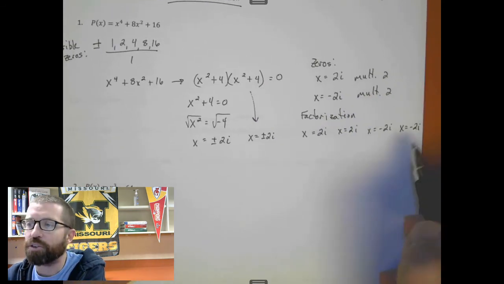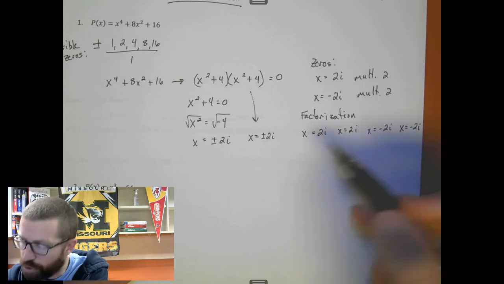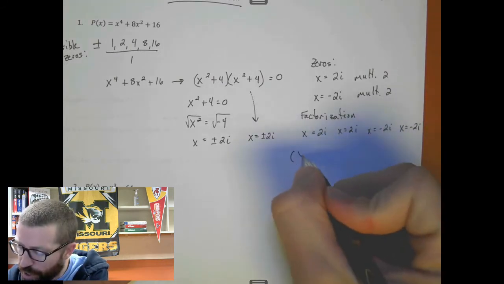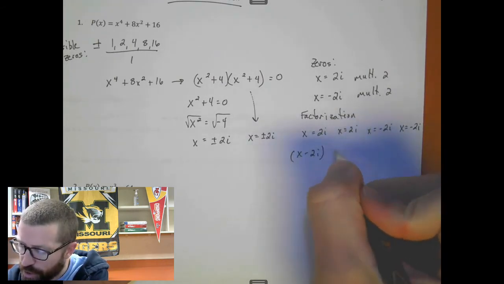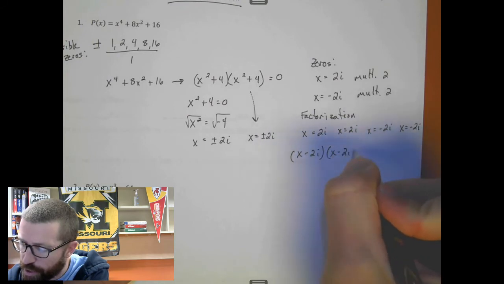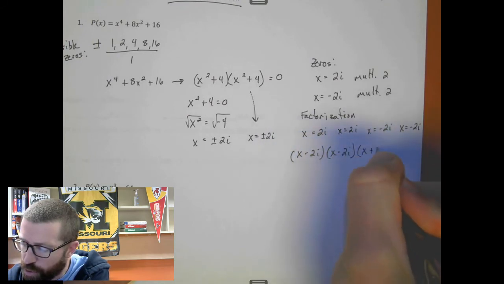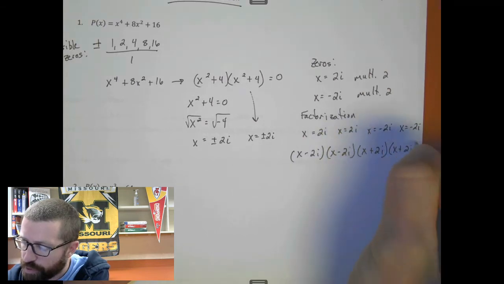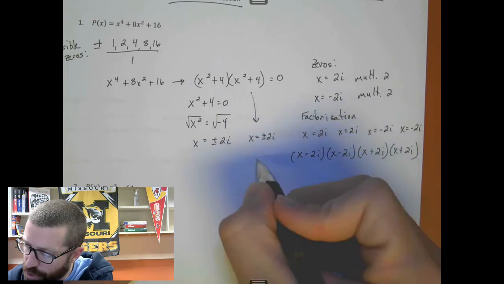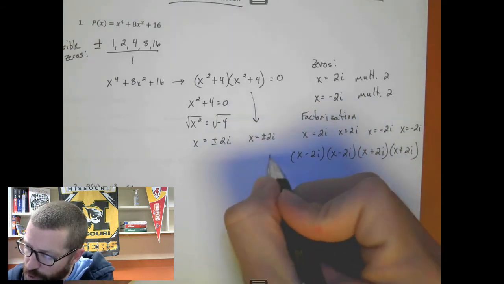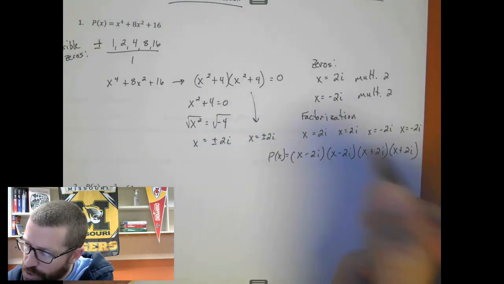And then to find the factors, just set each one equal to 0. So x minus 2i, x minus 2i, x plus 2i, and x plus 2i. And so there is the complete factorization of my polynomial p of x.